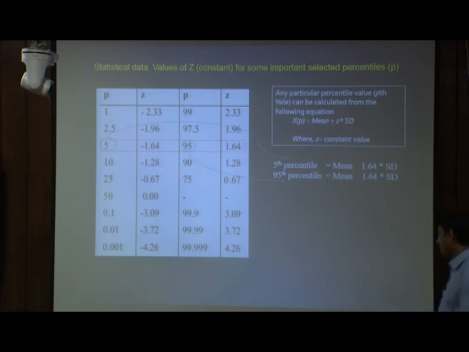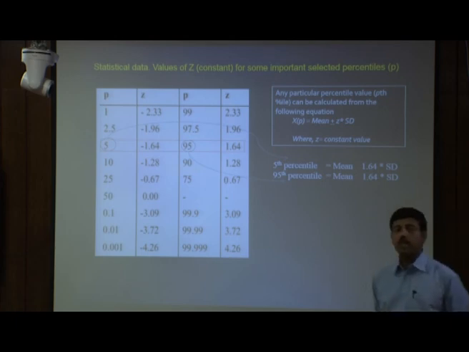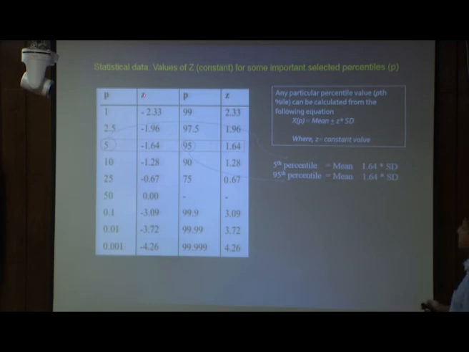Now, we already discussed that if we know the mean value and standard deviation value for a data set which follows a normal distribution, then we can calculate various percentile values: 1st percentile, 2nd percentile, 5th percentile, or 50th percentile, as per our requirement. Here Z is a constant value.